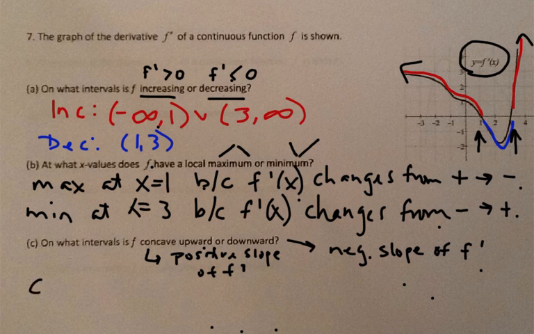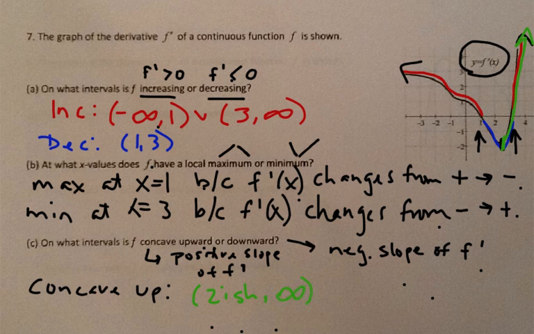Okay, so where am I concave up? Where is my slope of this graph positive? Rising. Well, that looks like from about this low point here, let me switch colors, this low point here, on up, I'm going upward from there on. So I'm concave up, let's just say that's about 2-ish to positive infinity.